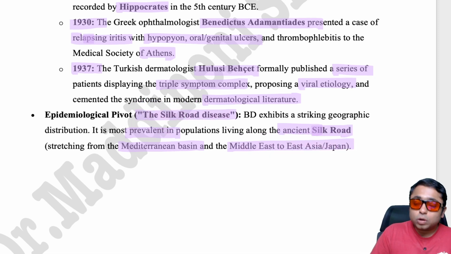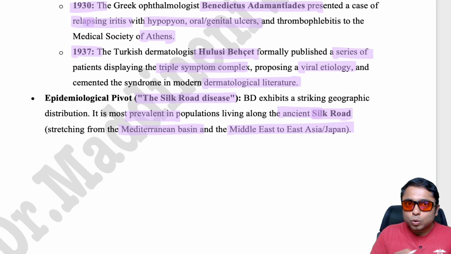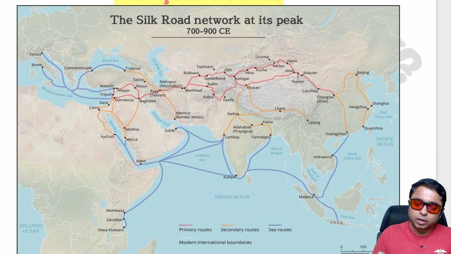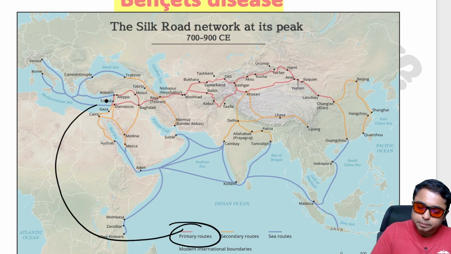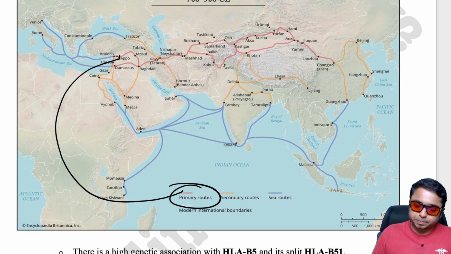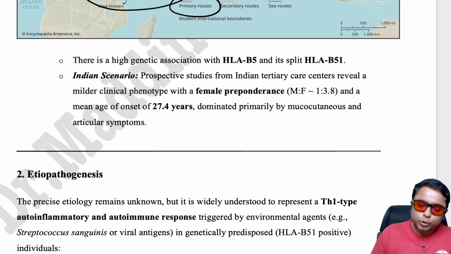This condition is also called Silk Road disease for the same reason, because it is very prevalent in individuals in this area. This is the primary Silk Route depicted by this picture. You should also remember there is a very high genetic association with HLA-B5 and HLA-B51. These are the two important genes.